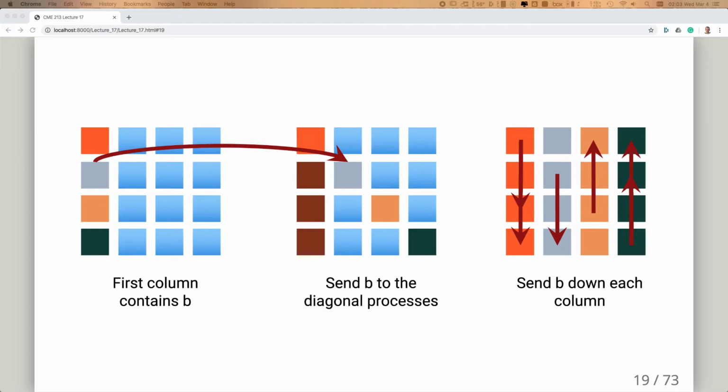What it's going to do is basically the same as logging onto these 4 nodes and, from a terminal, running this program twice. So it's actually starting the program twice.